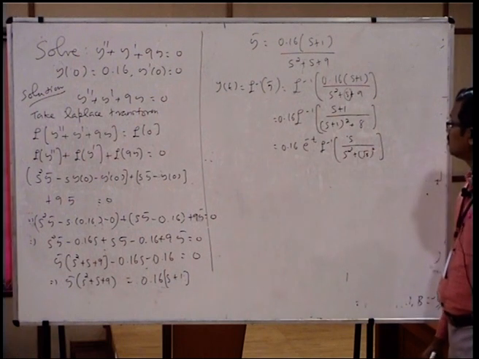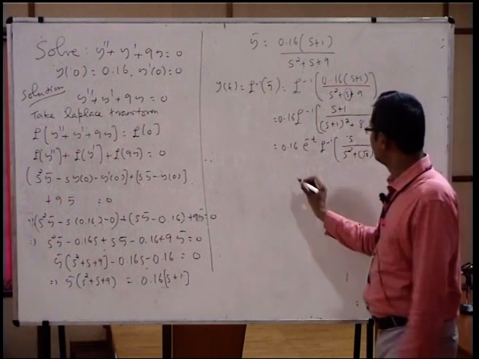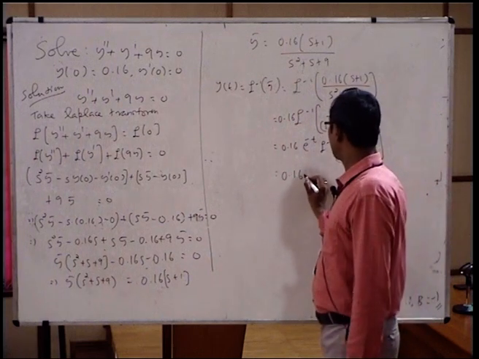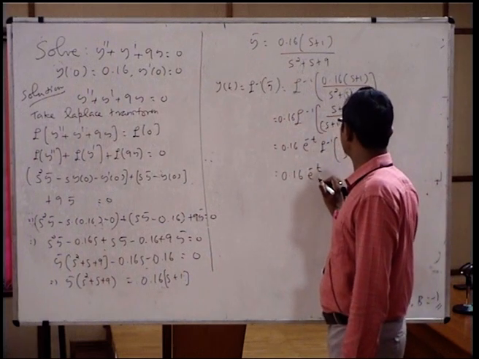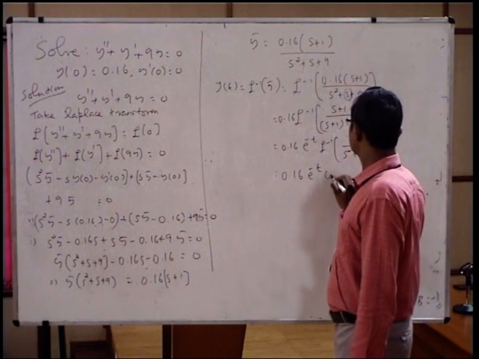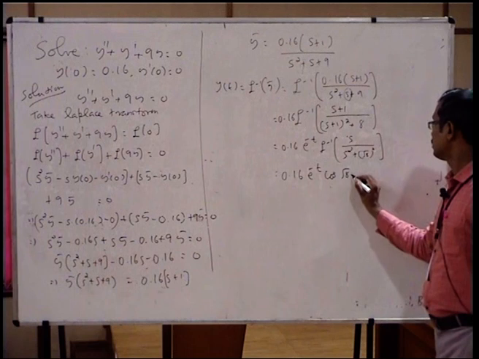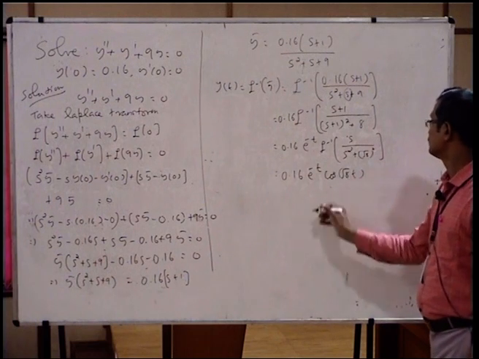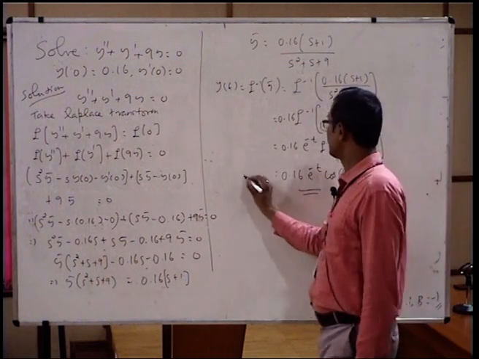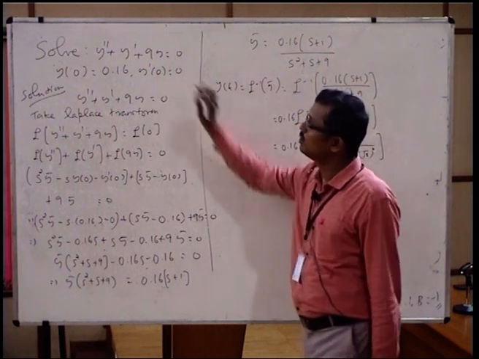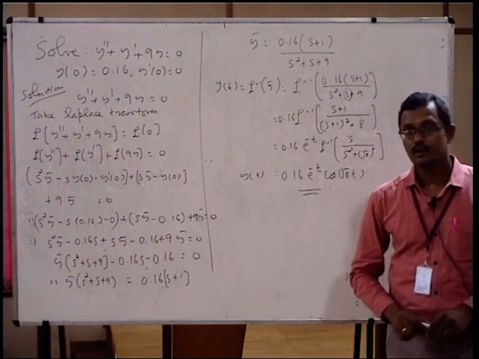So its inverse transform is cos at. So this is 0.16 into e raised to minus t into cos, a equal to root of 8 t. This is the required solution of the given differential equation.